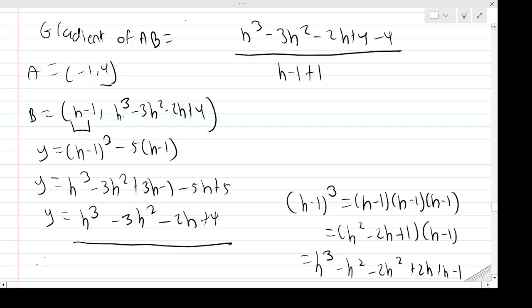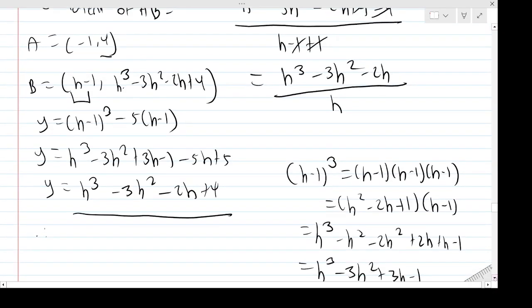Okay, so then I'll just need to simplify this. Well, firstly, 4 minus 4 on the top will cancel, so I'm left with h cubed minus 3h squared minus 2h. Over h minus 1 plus 1 will also cancel, so it's just over h.